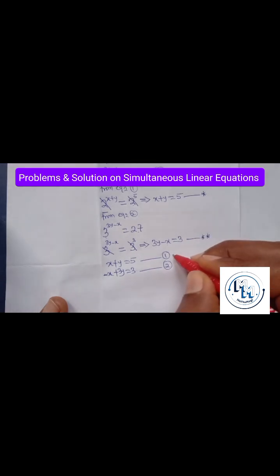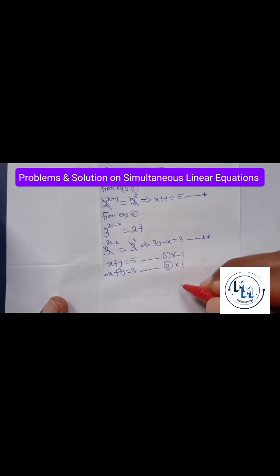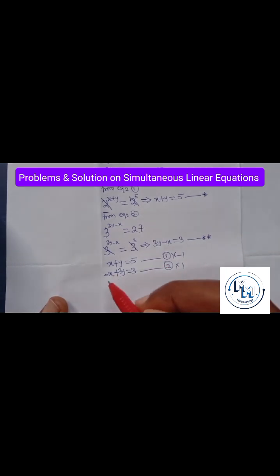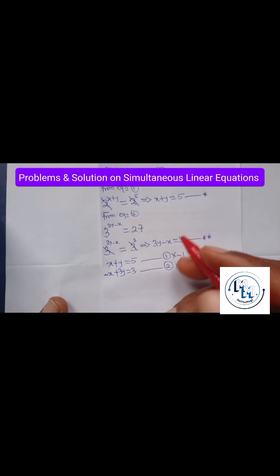I have times minus 1 and times 1. The x here has 1 as its coefficient, so that minus 1 is used to multiply the whole of equation 1. The x in equation 2 has minus 1 as its coefficient, so that 1 is used to multiply the whole thing. My aim is to eliminate the x and leave the y. Is that okay? Now let's go.